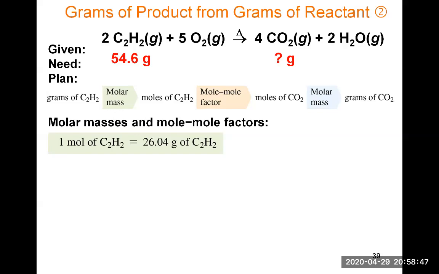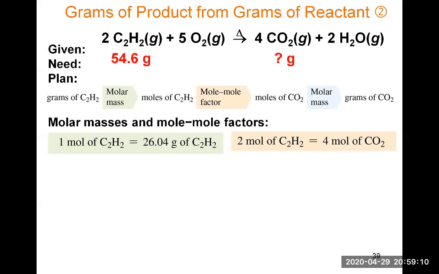Next, you will use the mole-to-mole conversion factor that comes from the equation coefficients. And we said earlier that 2 moles of C2H2 is producing 4 moles of CO2. And so that's what you will want to use to change moles of acetylene to moles of carbon dioxide.